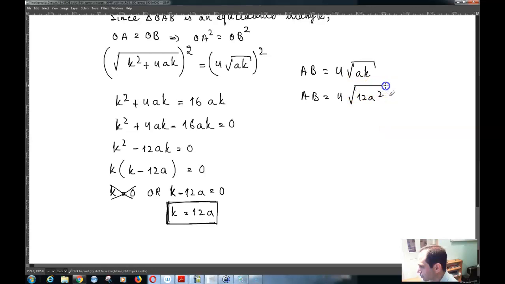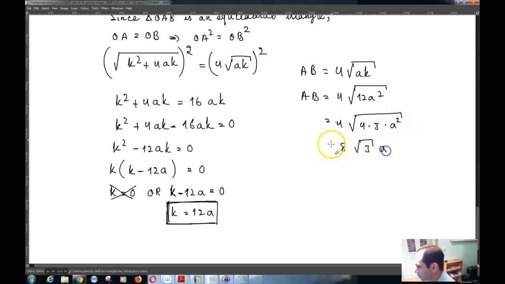The square root of 12 I can write as 4 times 3, times a squared. So this 4 comes out, becomes a 2, and 2 times 4 is equal to 8. This 3 remains here, and the a comes out.